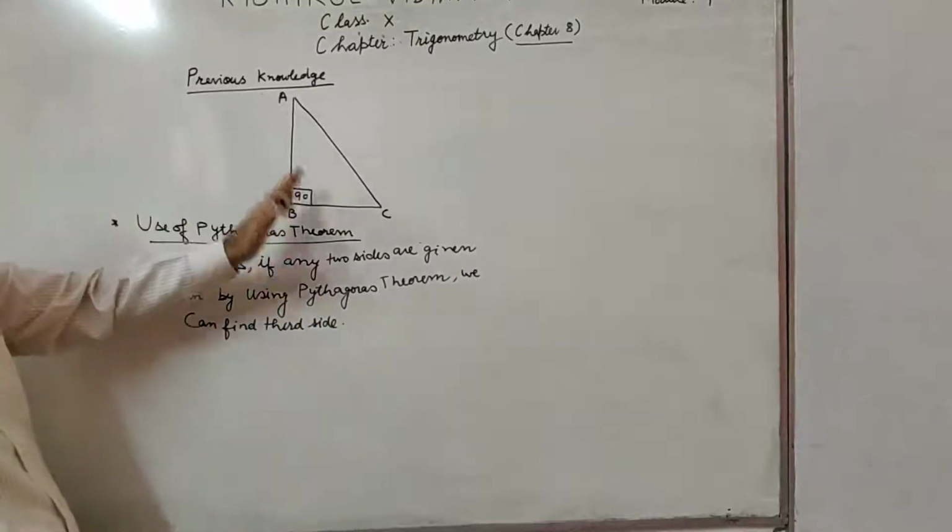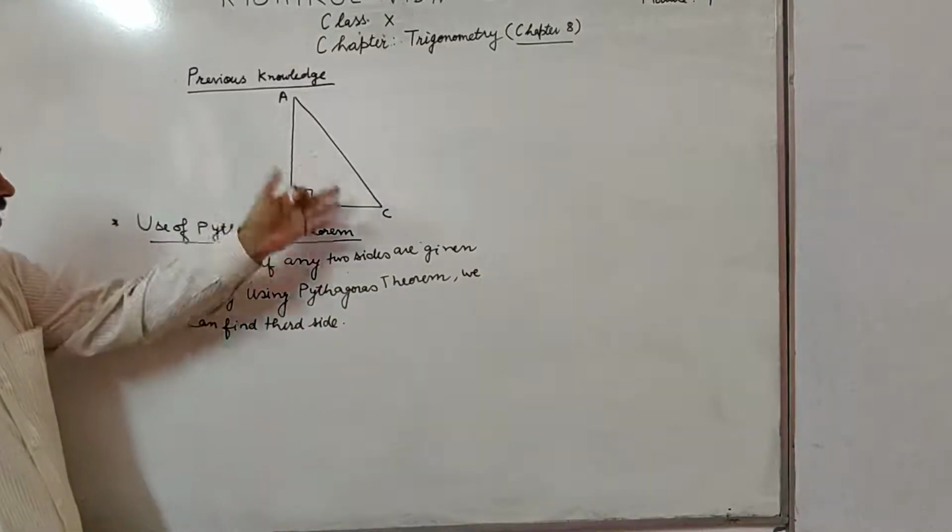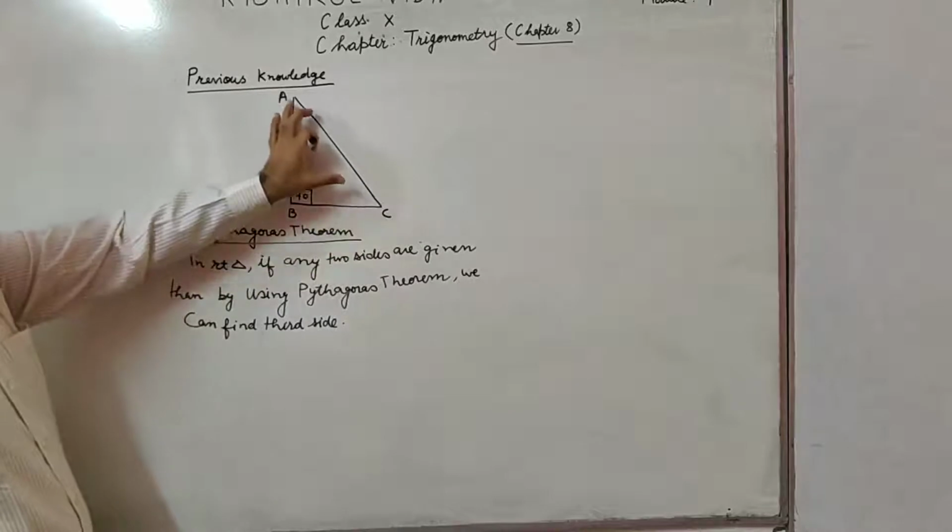In triangle there are three sides. In right triangle, if two sides have been given to us, for example, if AB and BC are given, then we can find AC.